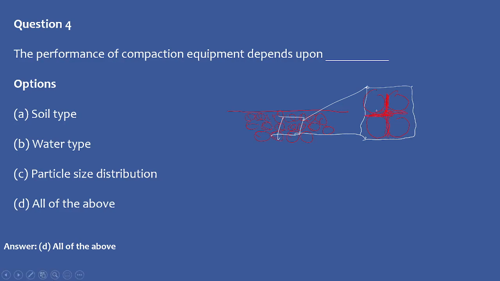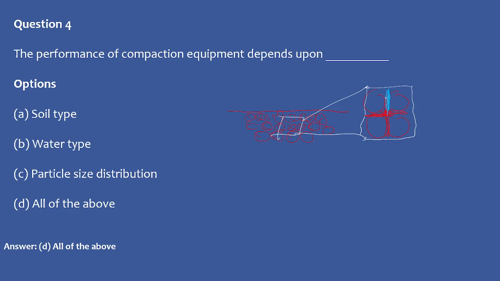So definitely the amount of water present between these particles will decrease their interfacial strength. So if there is water present, the interfacial strength between the particles will get reduced due to the presence of the water.